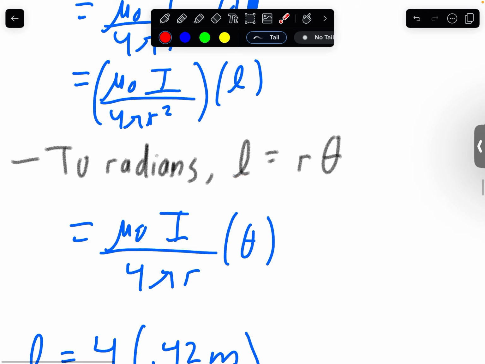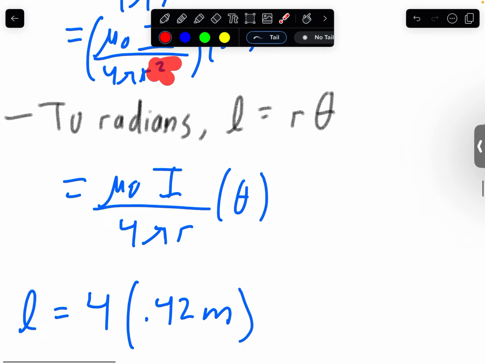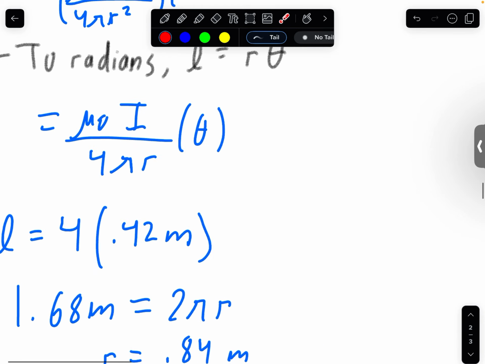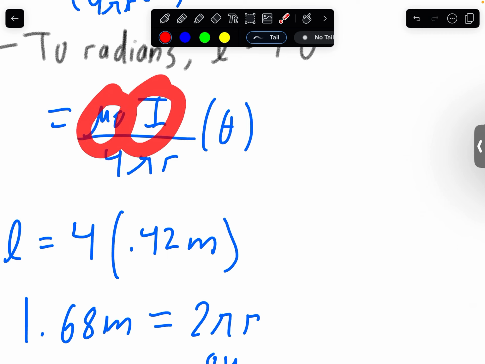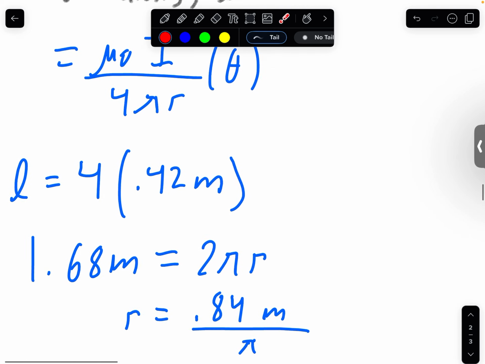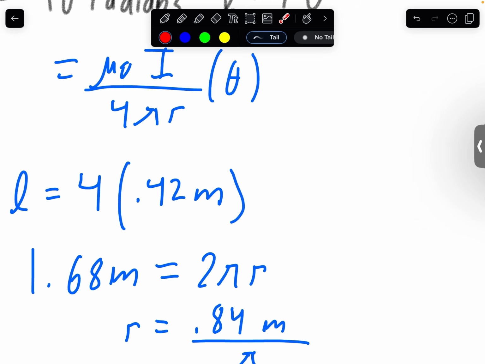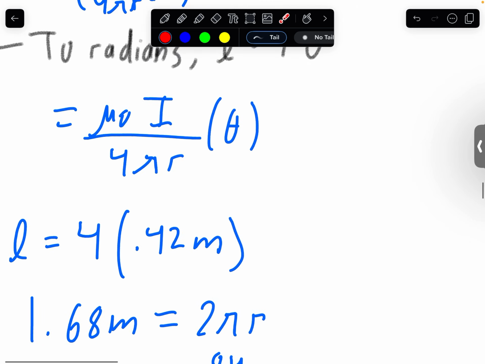Plug that in there, cancel that out. For theta, we're going to use 2 pi, because we're using radians and doing the whole circle.